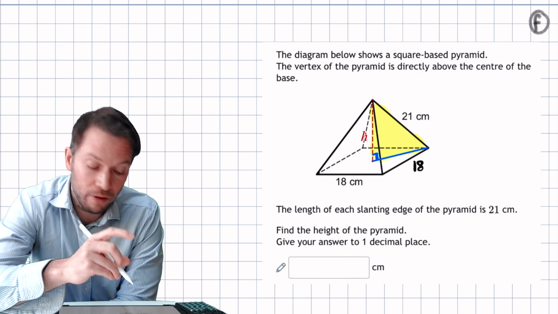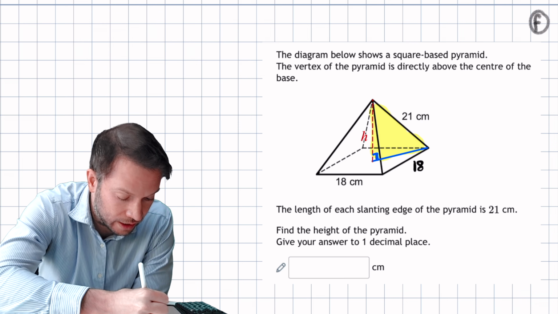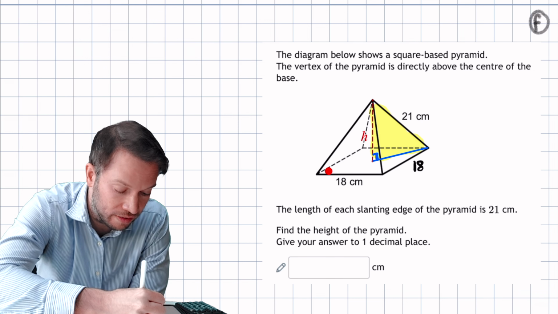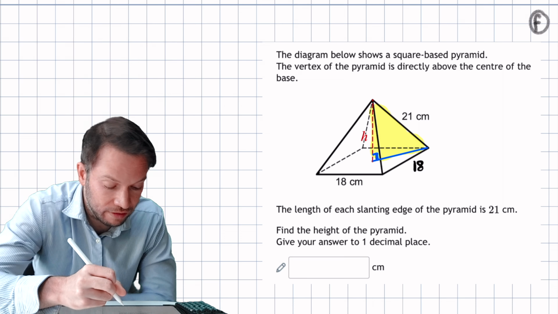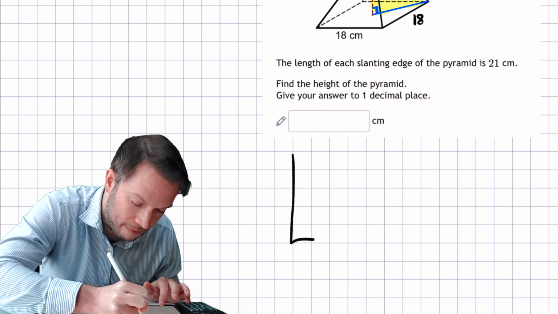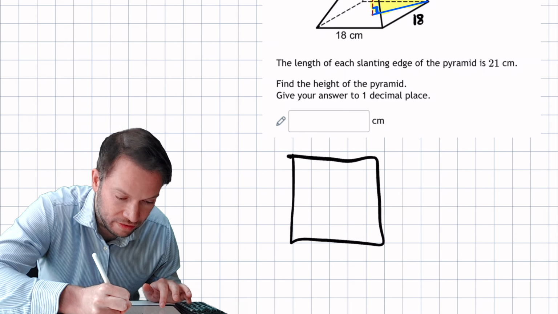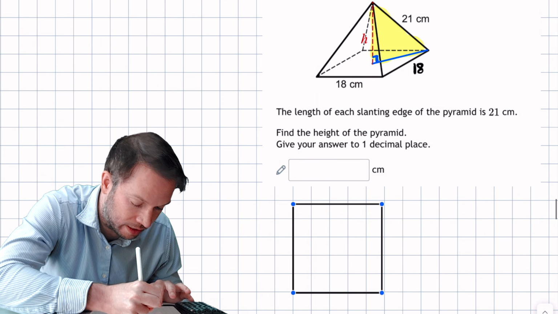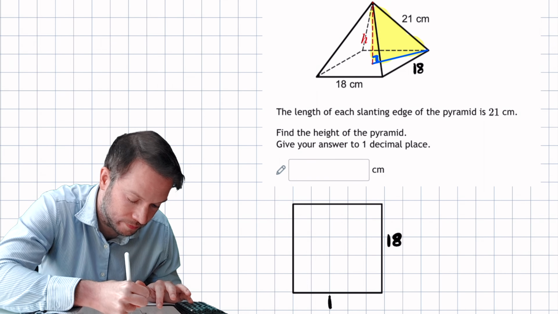But we could work out the blue length because we could consider this diagonal across the base, the square base of the pyramid. So let's draw out the square base. So we've got the square base of the pyramid, and it's 18 by 18 base, a square like that.